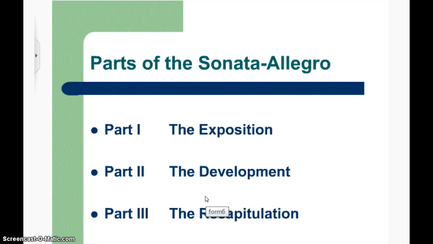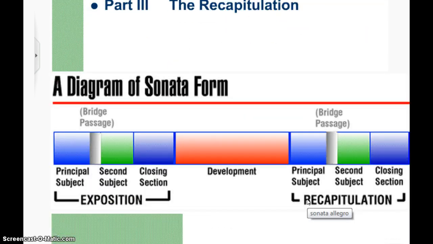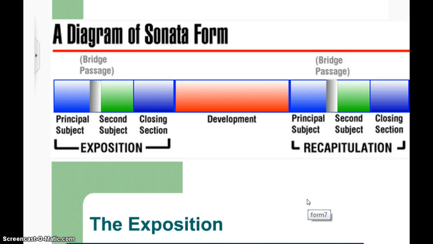Remember last week when we studied the Baroque, we looked at the parts of the fugue, and these are exactly the same parts, only they are more structured. And we're going to have an exposition which exposes the themes, a development which develops those themes, and a recap, right? Let's look at this little diagram here of the Sonata-Allegro form.